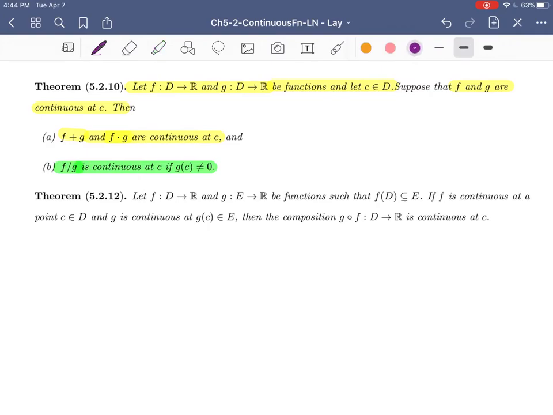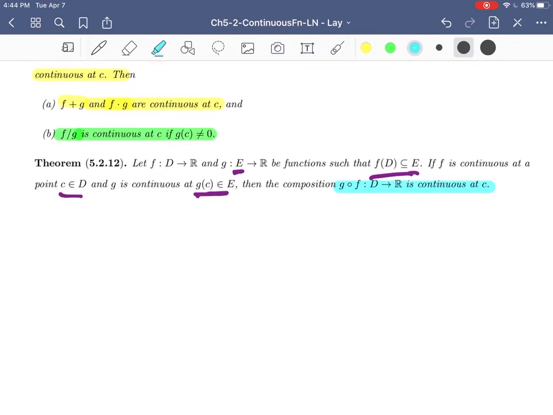So it's a subset of the domain of g. If f is continuous at a point C in D, and g is continuous at that point f of C in E, then that composition of functions has to be continuous at C.